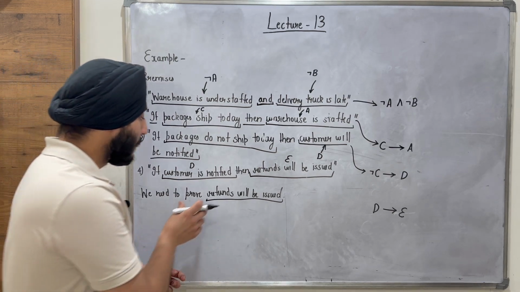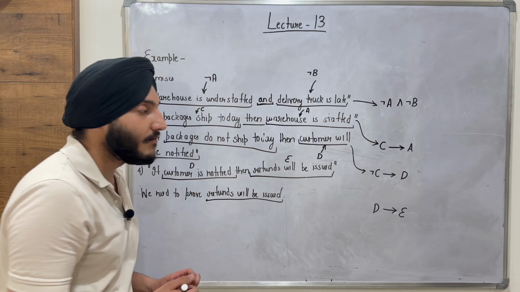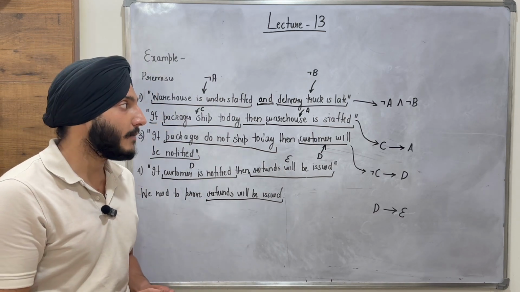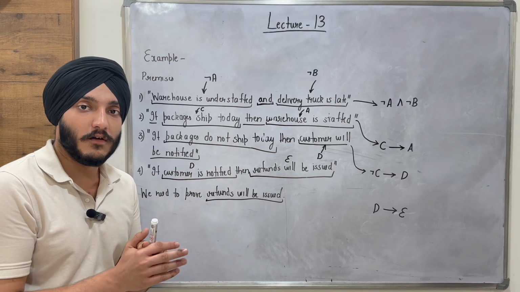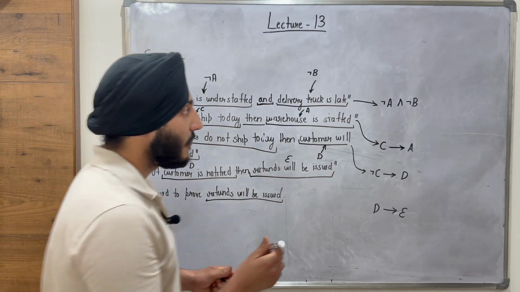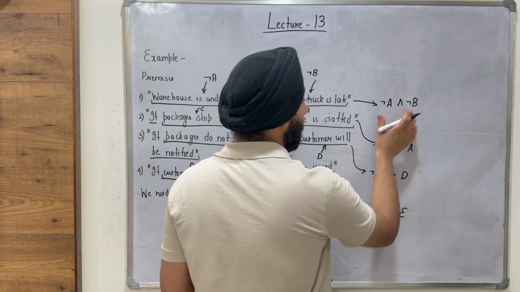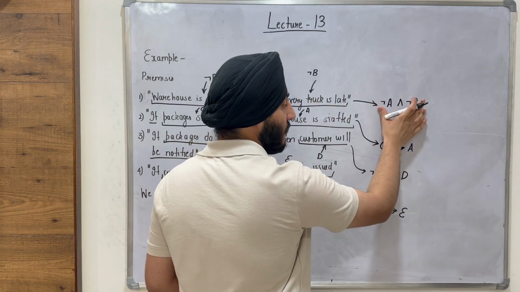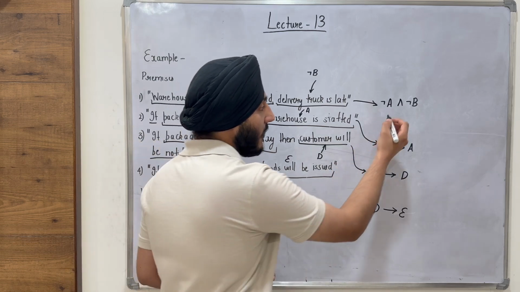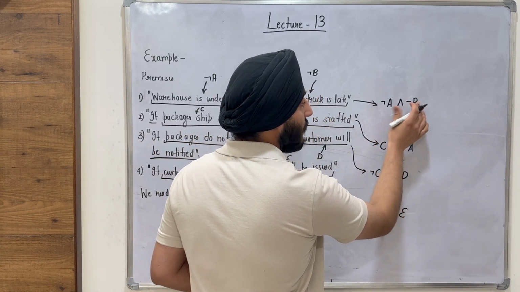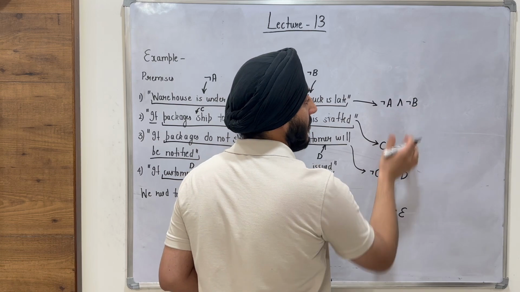Now we need to prove that refunds will be issued, and we will use the rules of inference for this, right? So I'll give you a step-by-step instruction on how we solve these types of questions. Let's start with a look at the first premise, right? Always remember that you need to start with the first premise and follow along the way. How do we do it? Step one, take a look at the premise and try to find conclusions from that premise, right?